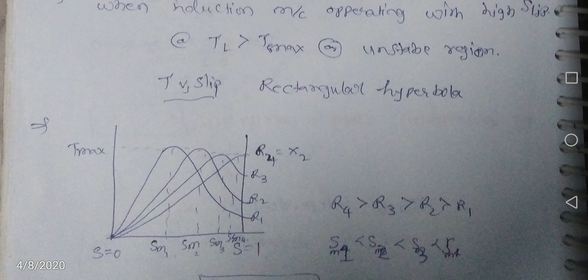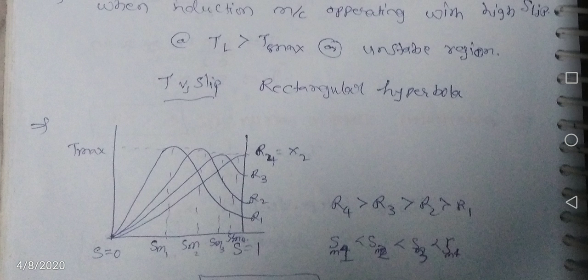T maximum, that is the maximum torque, is independent of rotor resistance. If rotor resistance is added, starting torque only increases, but there is no change in the maximum torque. And if rotor resistance is added, the maximum slip value will increase proportionally.